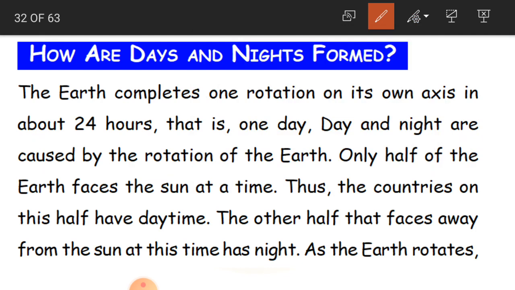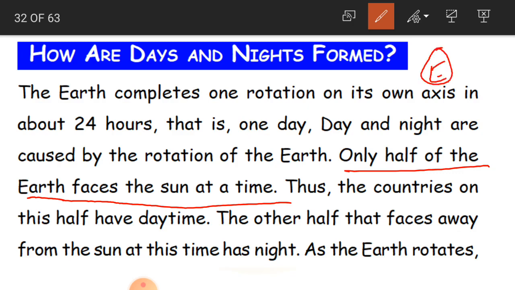So only half of the earth faces the sun at a time. So that's what I was telling you. If this is the earth, children, only half part of the earth will be facing the sun at a time. Okay, and the other part, what happens? It will be dark because there is no light on that side. So thus the countries on this half have daytime.